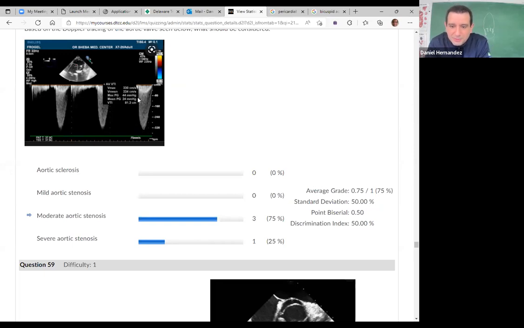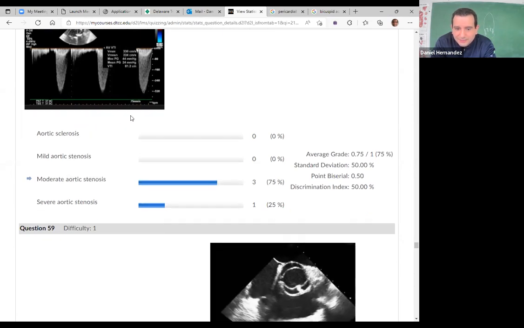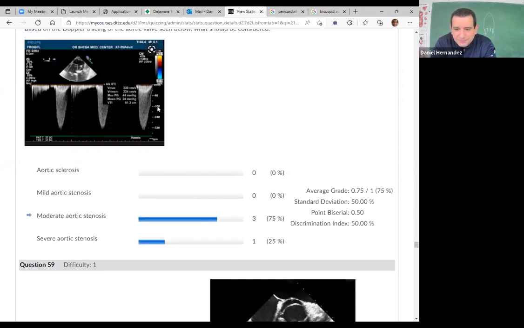And then also the mean pressure gradient again falls into that moderate category as well. It's almost close, but not quite. Catherine might have called this severe, right?